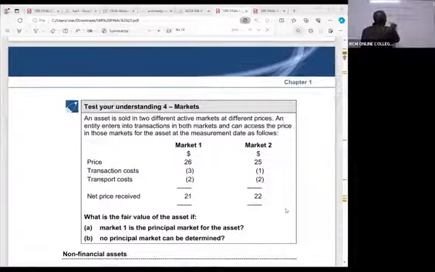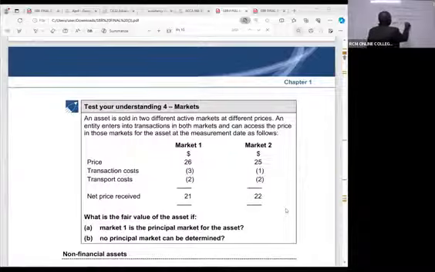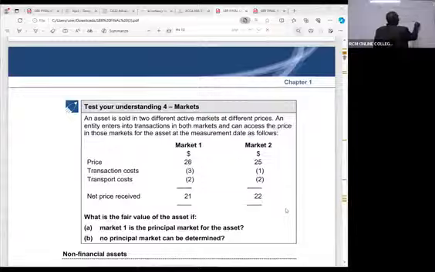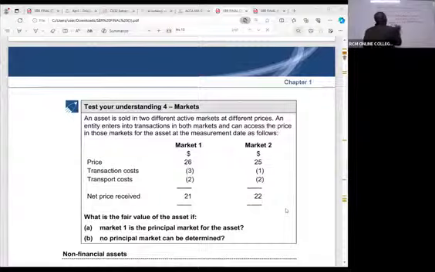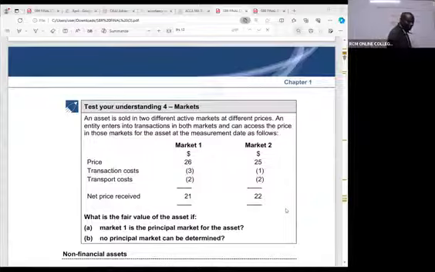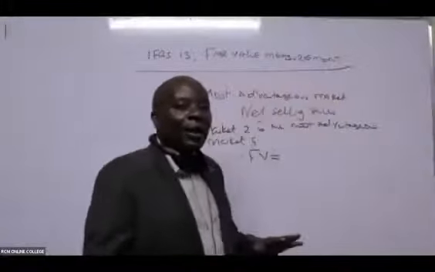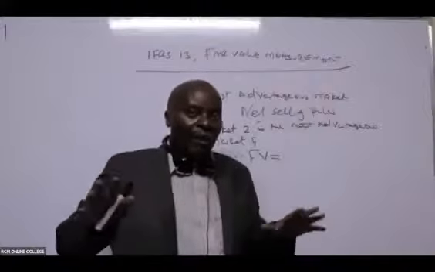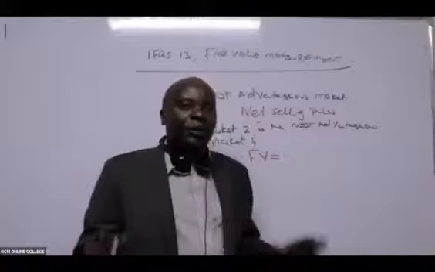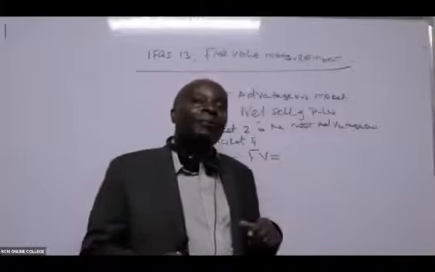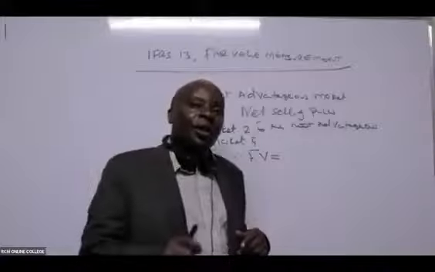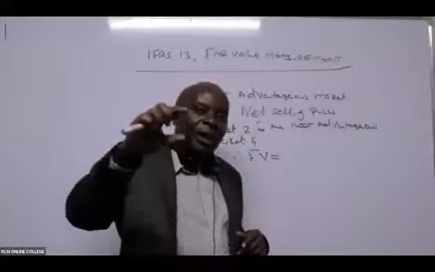Now, when it comes to fair valuation, I will always ignore transaction costs. Remember, when I'm getting the most advantageous market, I have to consider all costs because I'm looking at the net selling price. But now we have come to the bullseye, which is fair valuation.